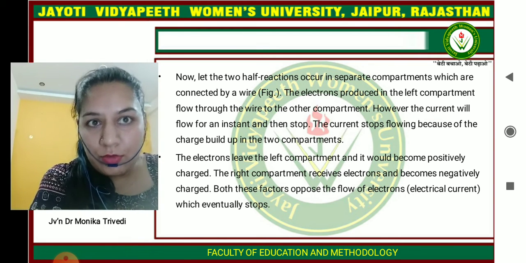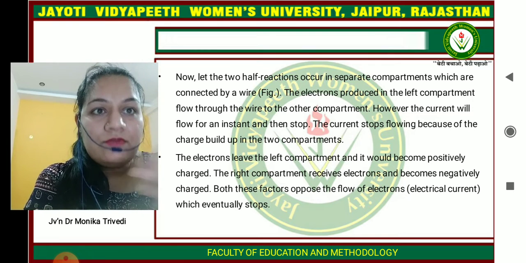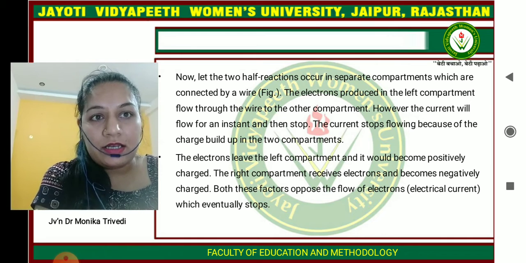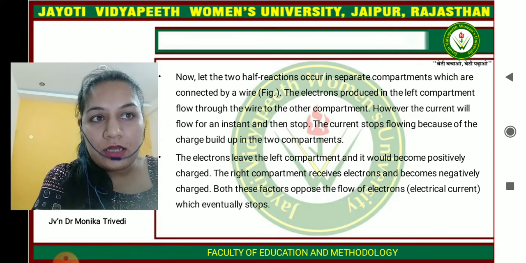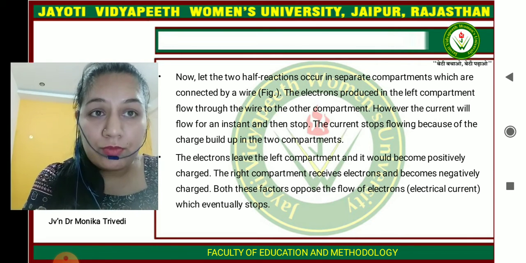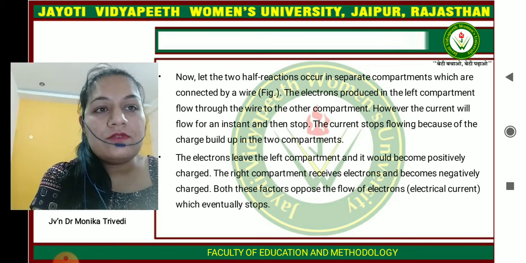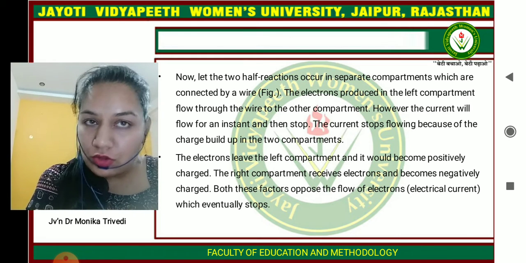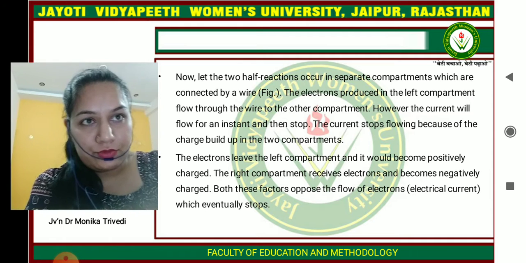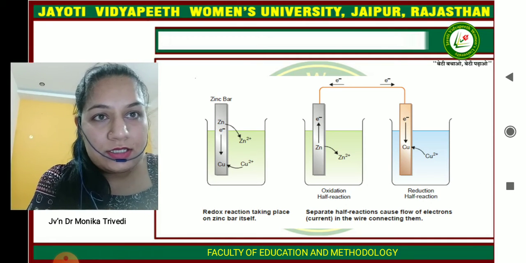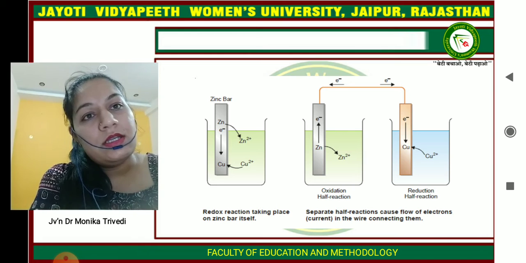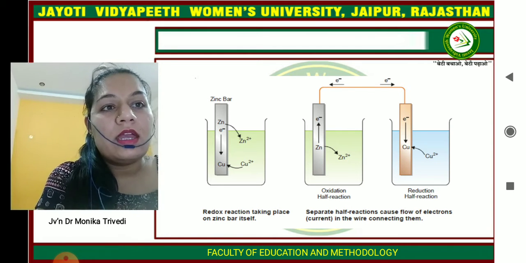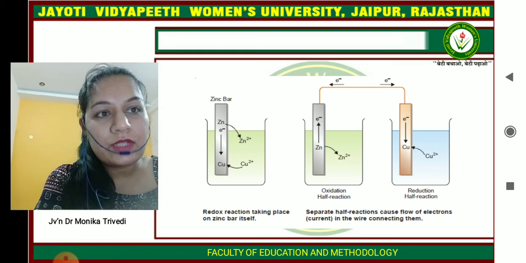The electrons leave the left compartment and it becomes positively charged. The right compartment receives the electrons and becomes negatively charged. Both these factors oppose the flow of electrons, which stops the flow of the electrons. Here you can see both diagrams: when the zinc bar is placed in a copper sulfate solution, and when zinc and copper bars are placed in different chambers.